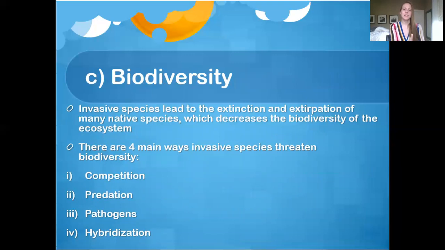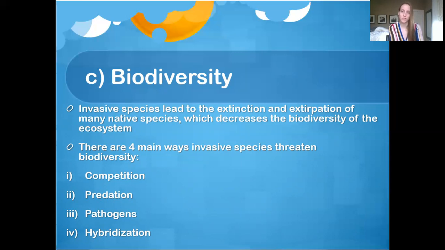And then lastly, biodiversity. This is the biggest fear that we have around invasive species, is their negative effect on biodiversity. A lot of the time when you have an invasive species introduced to an area, what you're really worried about is the extinction or extirpation of your native species.